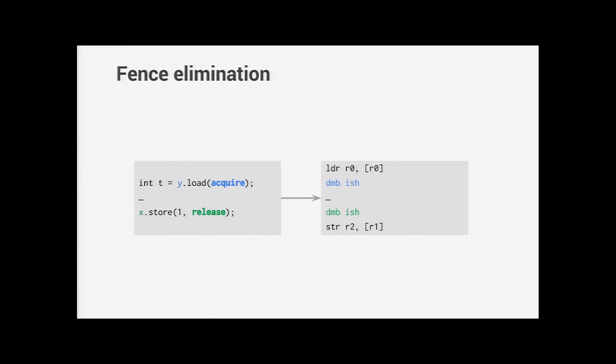And then you can have two fences in a row, which is fairly useless because fences only order whatever is before them with whatever is after them. So having 1 or 17 is exactly the same. So you would like to find these patterns and eliminate one fence.